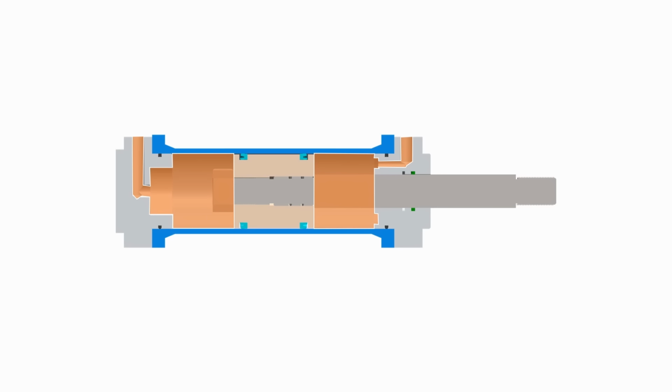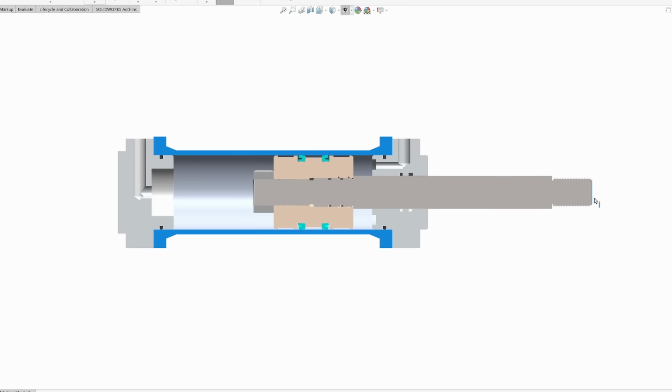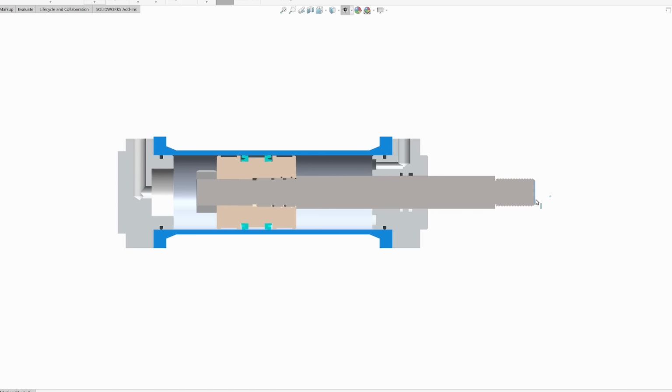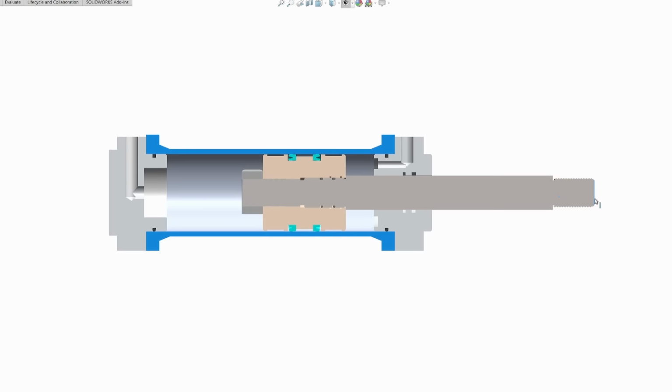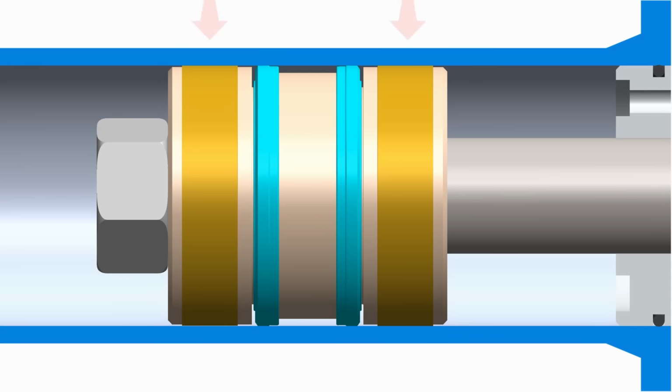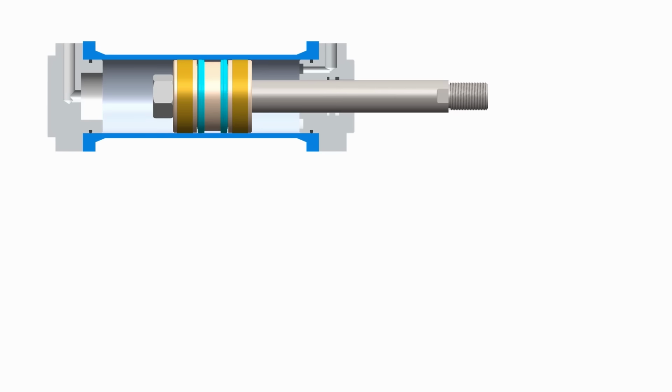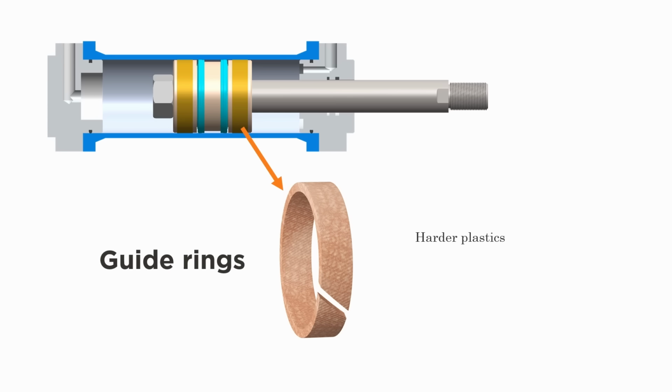Now, the primary function of a seal is to create a barrier for oil pressure, not to guide the piston within the cylinder bore. So to guide the piston smoothly within the bore, we need guide rings. The guide rings are made of harder material, such as harder plastic like polyamide or PTFE for low friction, or fabric reinforced composites.